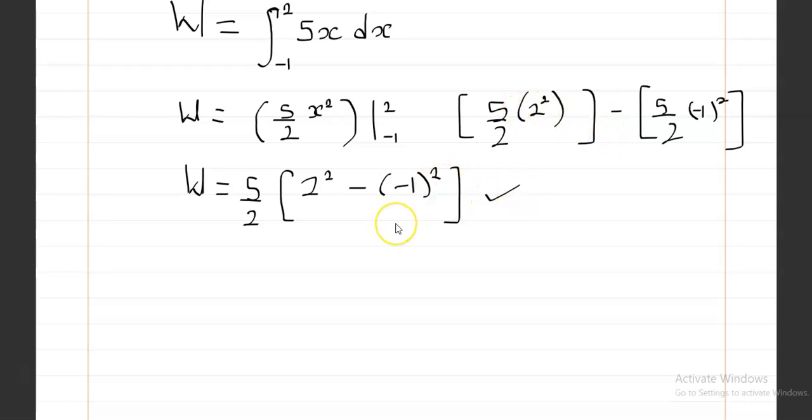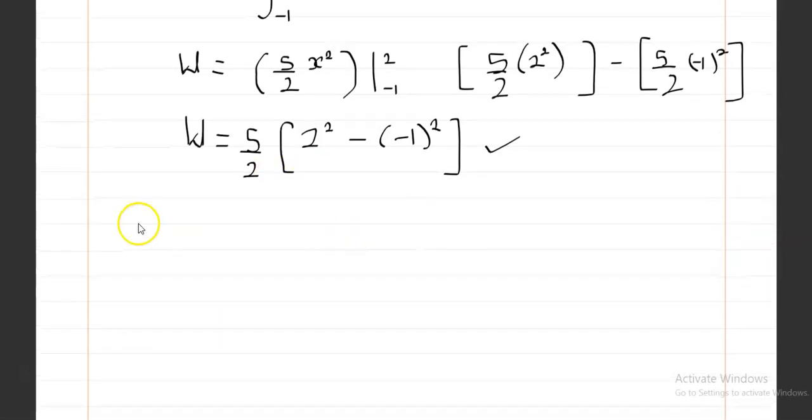But this is kind of easier. It's simpler because we have factorized 5 over 2 out already. And this is in situations where you do not have a calculator to work with. So it's ideal to make your work simple.